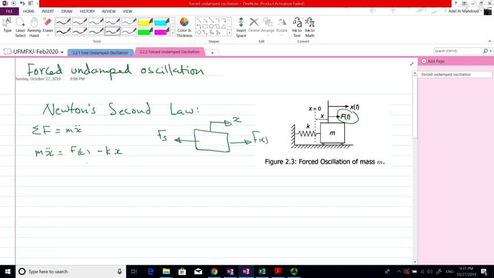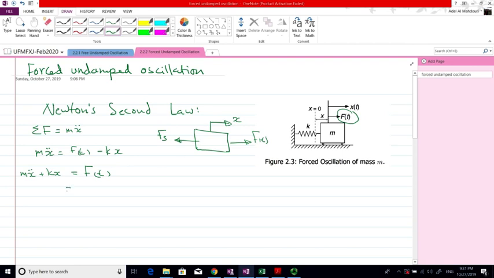So now we have this system. We will move the spring force to the other side and keep the external force which is applied and could move the system against the spring. So Ft will be m x double dot plus kx, as it goes from this side of the equation to the left side.